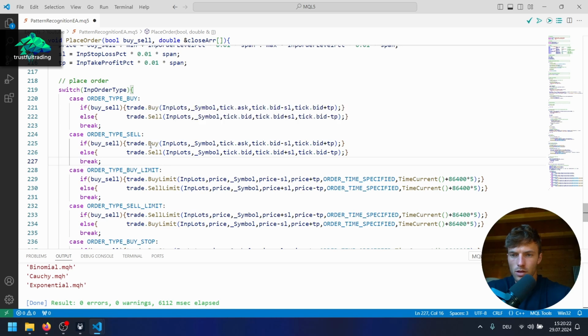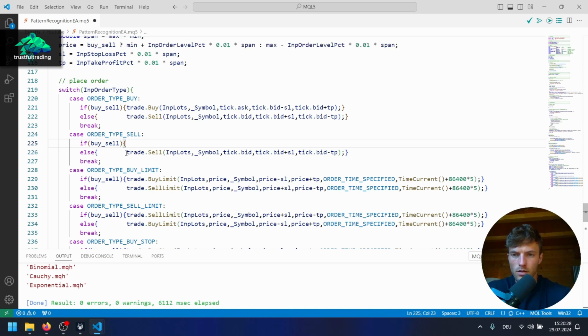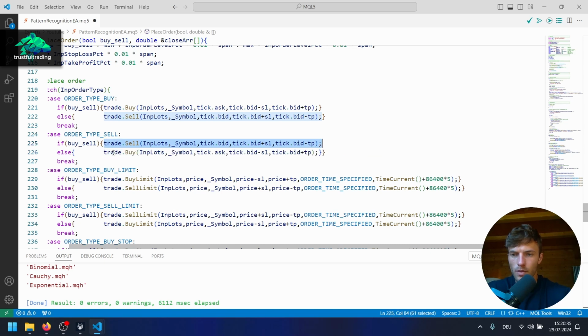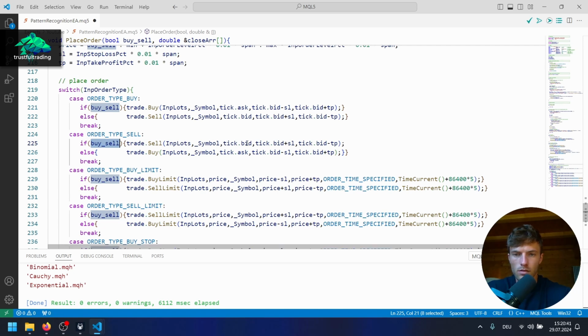So here, of course, we need to change this around. I will just cut this, paste it here, move this up here. Okay, so sell. And let's tick.bid plus, okay. And here the bracket.